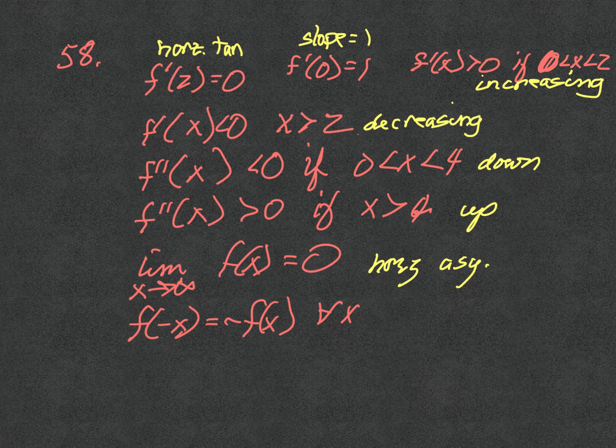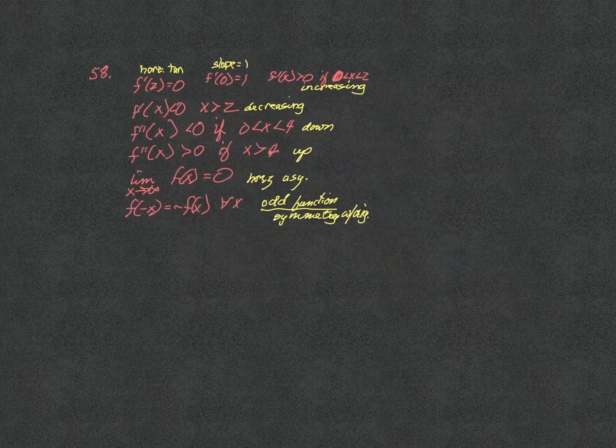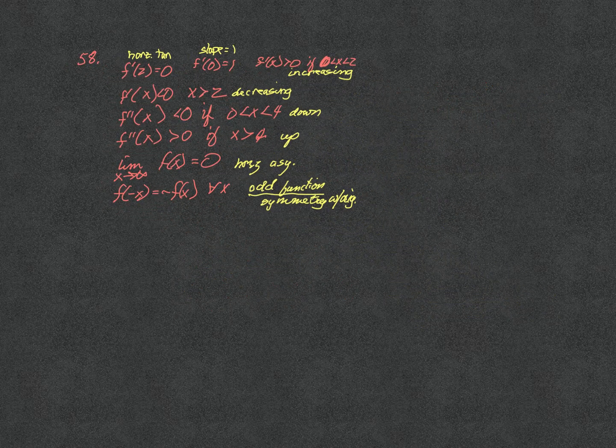And I don't know if you recognize this, but this means we have an odd function, which means it's symmetric with the origin. Now, hopefully you remember that. So everything you do algebraically has an interpretation geometrically. So now let's see if we can draw the graph.